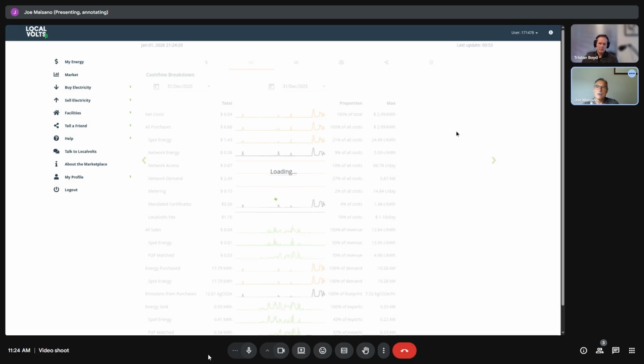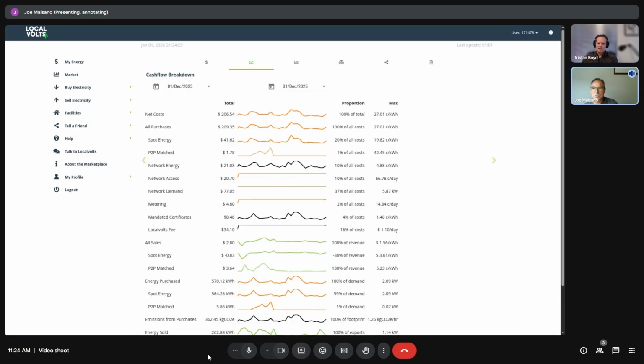So I can now get an estimate of my bill for the month of December by looking at exactly the same breakdown and the same categories, but just over a longer time period. So we can see here that my bill for December is estimated at $206. And that's made up of $209 in purchases and $2.80 in sales.